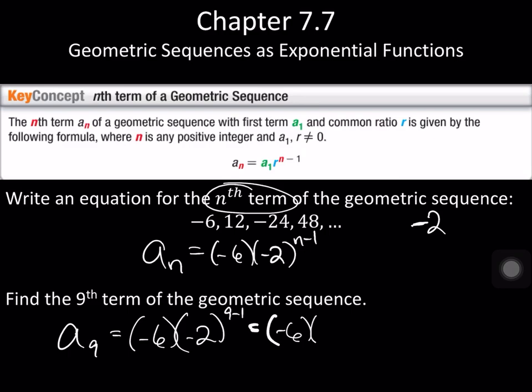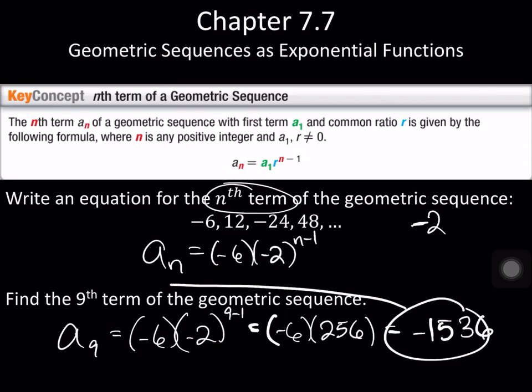Otherwise you won't get the positive number that you need. All right, but we get positive 256, which then if we multiply by the negative 6 gives us our ninth term of negative 1,536. So that is the ninth term.